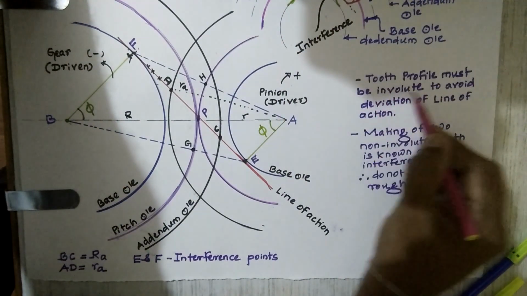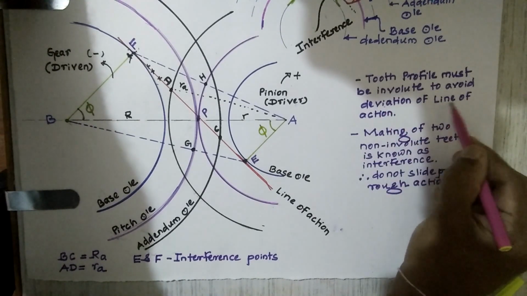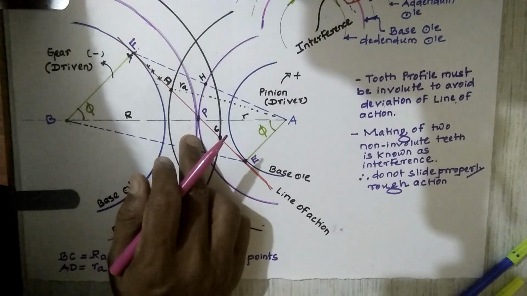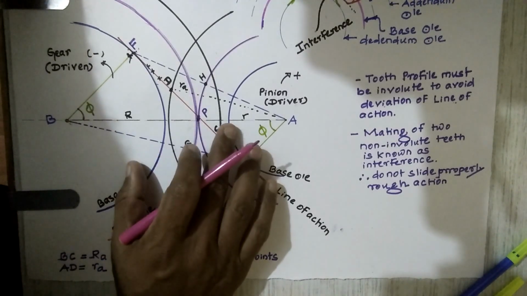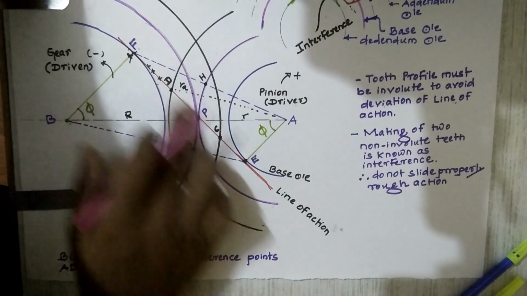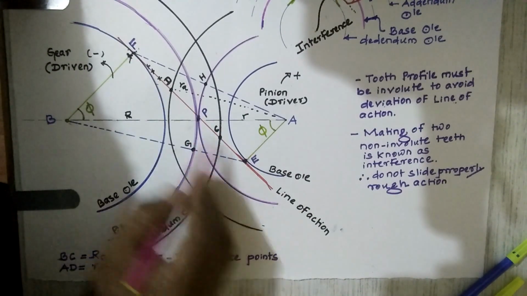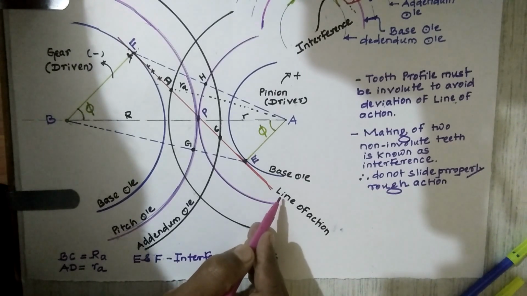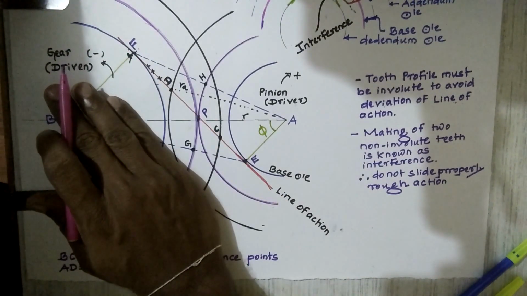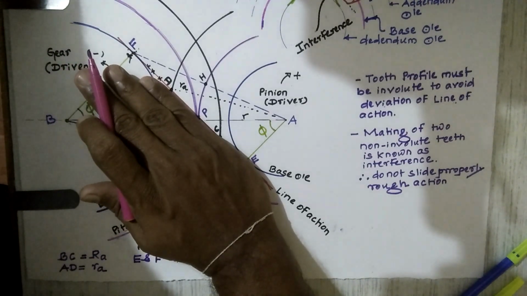Now look at this one. The tooth profile must be involute to avoid deviation of the line of action. Whatever the contact of the two mating gears, it should not be below the base circle. If it is below the base circle, the line of action EF deviates and will not give proper motion.